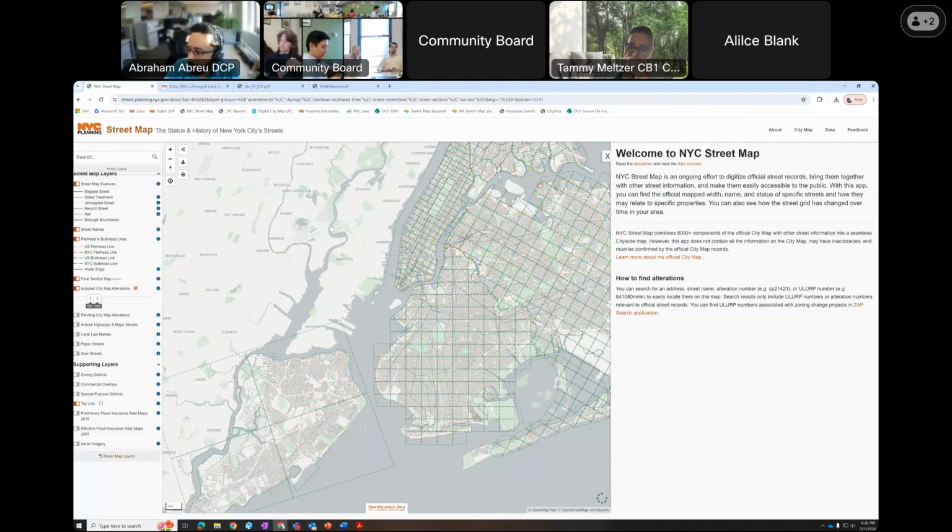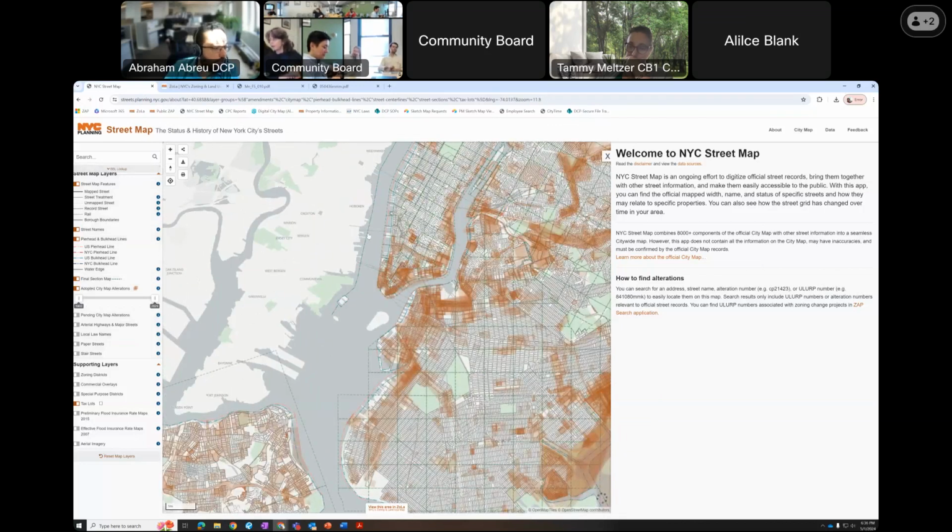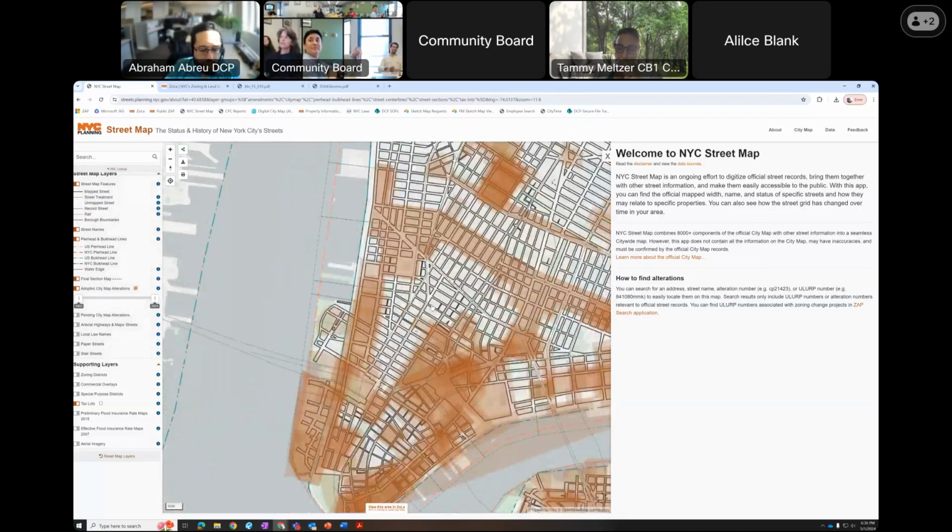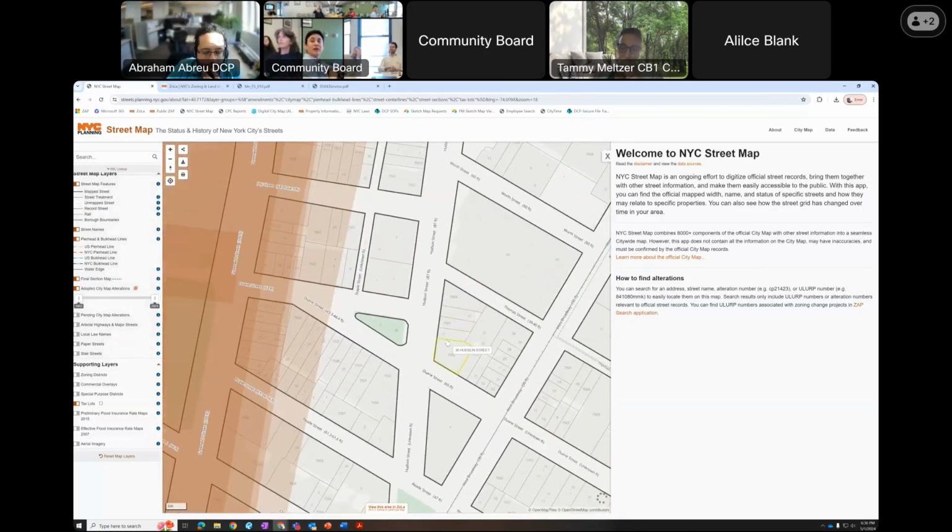Why don't you tell them what your point of interest was? My point of interest is Duane Park, block 141, lot 39. It's a remnant from the commissioner's plan in 1811, so it's really, really old. And we're trying to find the deed from Trinity Church to the city of New York as its first public park. Interesting. Okay.